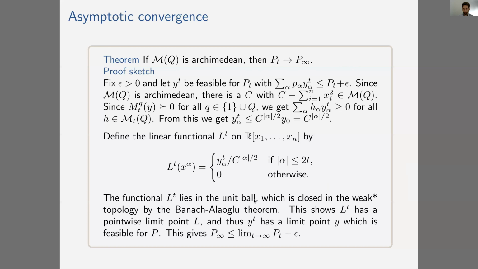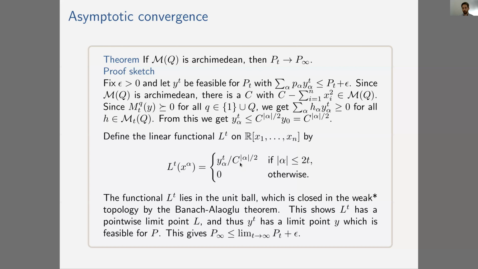So this functional lies in the unit ball. Here I should be precise: what does unit ball mean? We have the polynomial ring, which you can roughly see as finitely supported sequences, and on this we have the Euclidean inner product. Then the dual of that, where the linear functionals live, is roughly bounded sequences, and the dual norm on this is just the supremum norm.